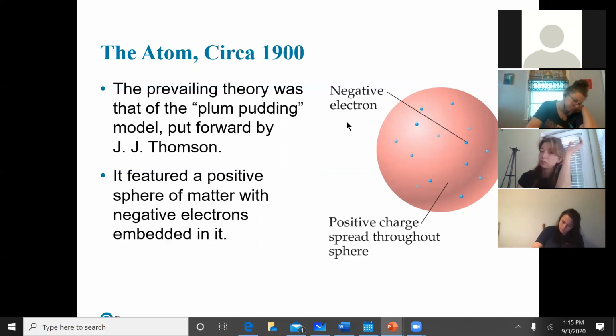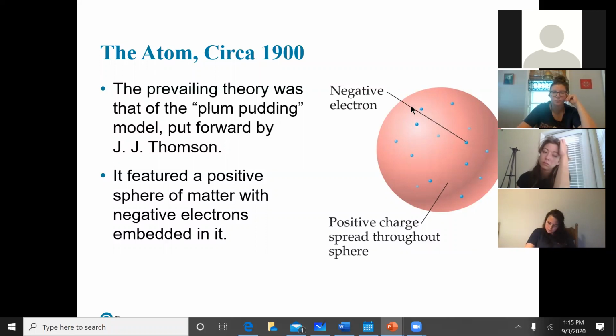So at this point, J.J. Thomson knows that the atom has negative electrons in it. But he knows that overall, the whole atom is neutral charged. So something has to counteract this negative electron. So he thinks that there is this sphere or cloud of positive charge.